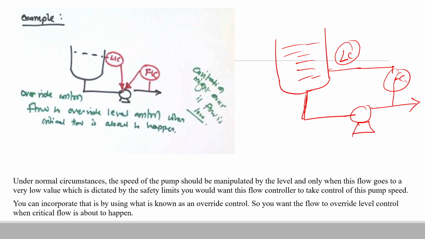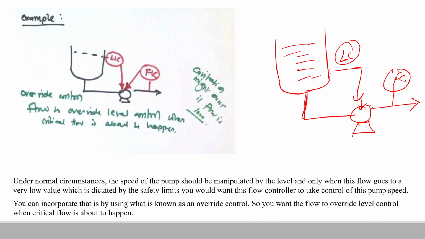So in order to manipulate the flow rate, we are passing this input to a controller that will control the speed of this pump. So based on this level, we are controlling the speed of the pump. That is, the speed of the pump should be manipulated by the level.